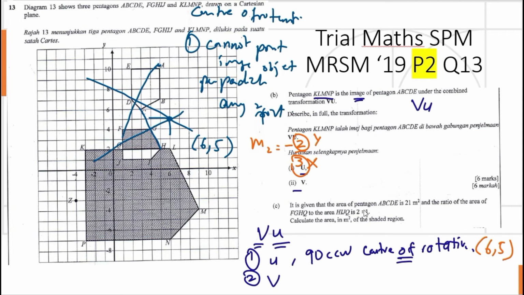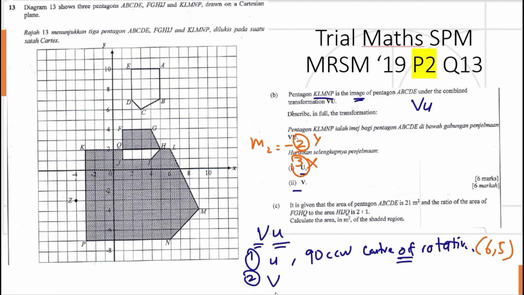Alright, it is given that the area of pentagon, and then you can see enlargement happen. So enlargement, the original one is here, and it goes to here, the large one. So to know the scale, you should take the same length. So this is J and I. So we have 3 here, and this is equal to here P to N. This is -3, this is 6.